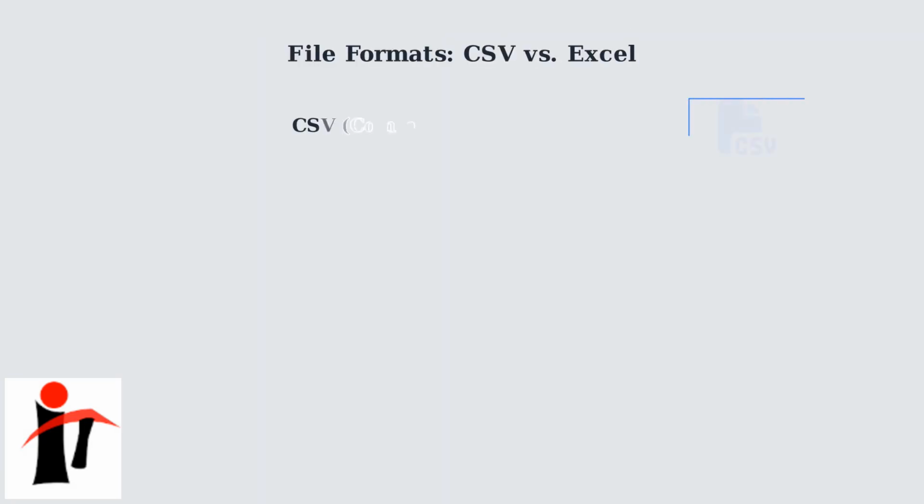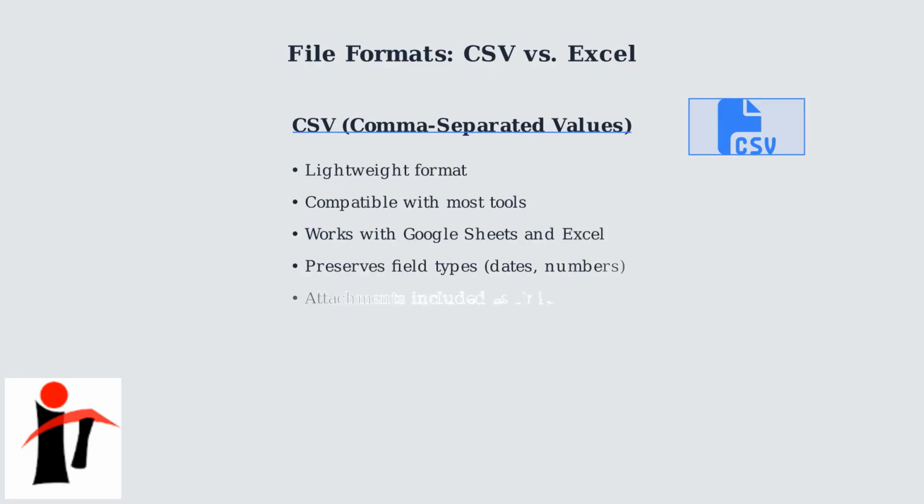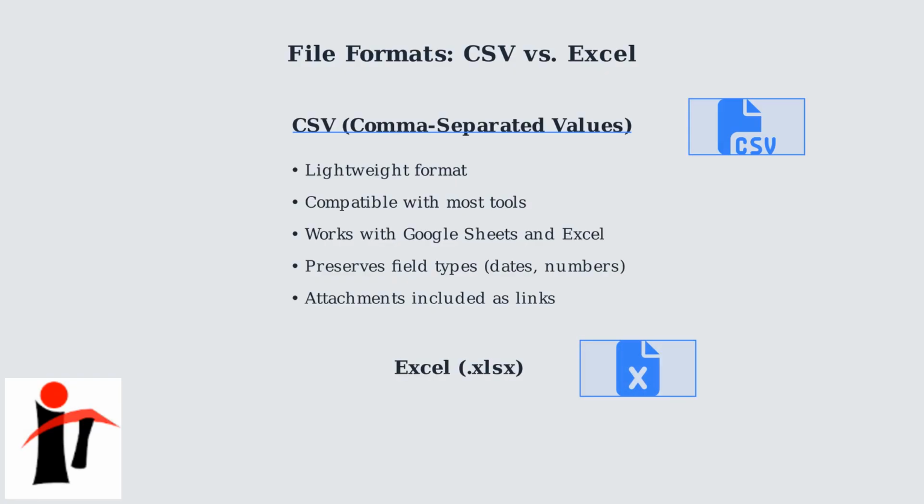Podio exports support 2 main file formats, CSV and Excel. CSV, or comma-separated values, is a lightweight format that's compatible with most tools like Google Sheets and Excel. CSV preserves field types, such as dates and numbers, and includes attachments as links. This makes it ideal for basic data transfer and import into other systems. Excel, with the XLSX extension, offers richer formatting options and supports advanced features, but results in larger file sizes.